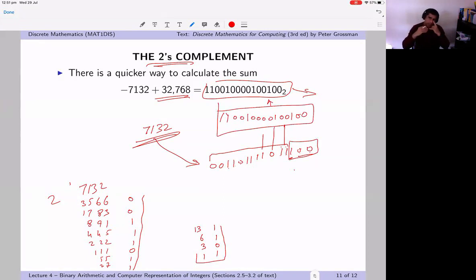So this method is called 2's complement, and this is actually quicker than adding 32,768. It's quicker that we do the binary here, and then keep the trailing zeros and the first one that appears on the right, and switch the rest of them to take their complement.